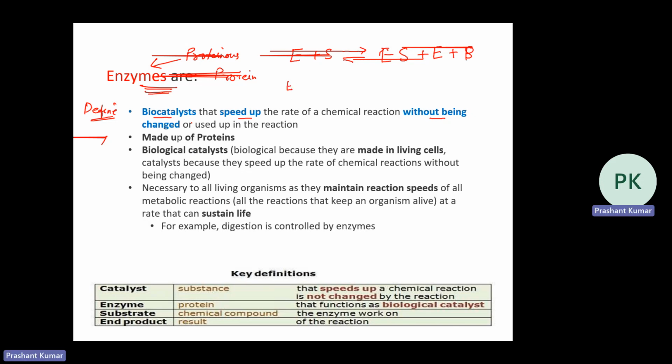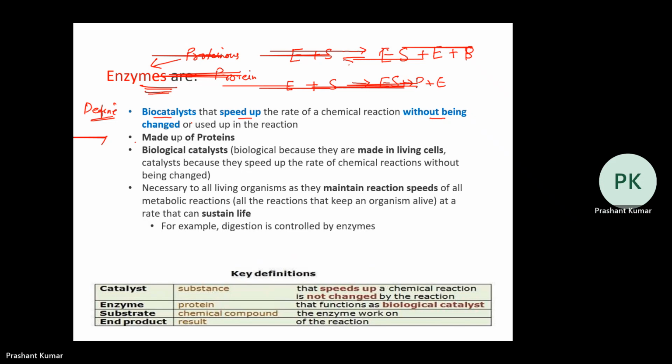Okay, so we can say enzyme plus substrate gives enzyme product, right? And we'll get enzyme substrate complex, and then we'll get product and enzyme. So we'll show you in the next diagram how the reaction goes on.